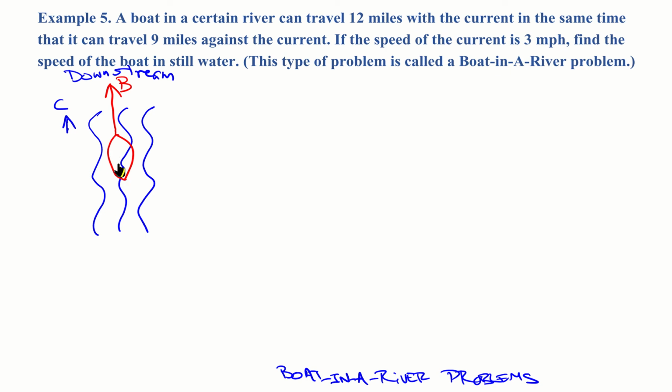But that doesn't mean that's how fast the actual vehicle is moving, because there's an external force here helping it out. So your overall speed, we call that the downstream speed.